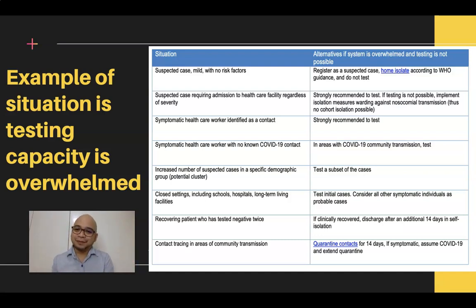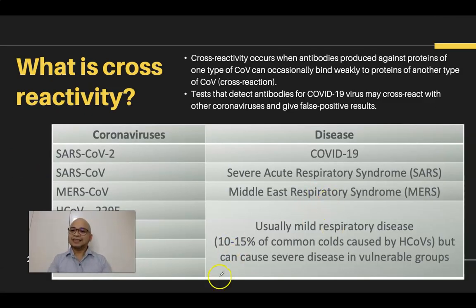For example, if a patient is already recovering or has tested negative twice, then discharge after the additional 14 days self-isolation. So these are the interim guidelines that were recommended by the World Health Organization. Okay, now let's talk about cross-reactivity.